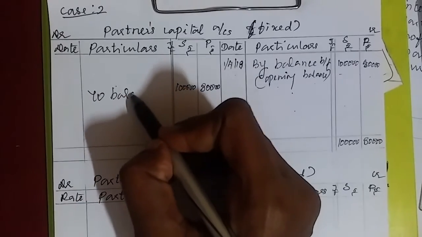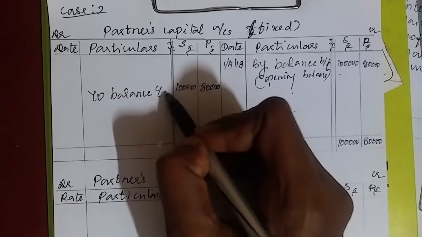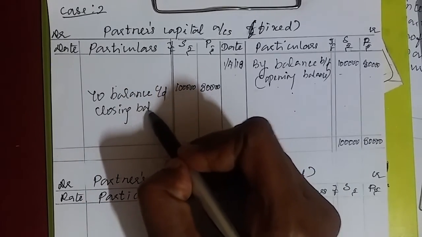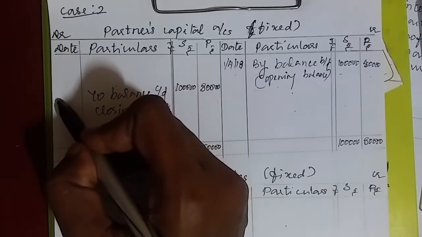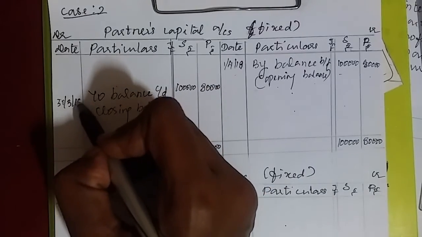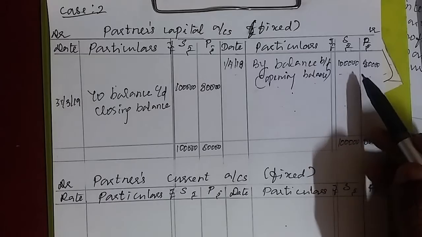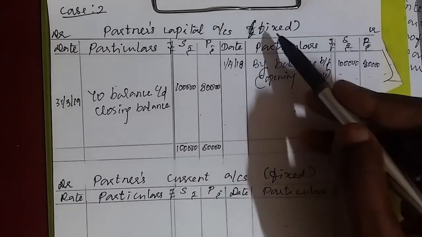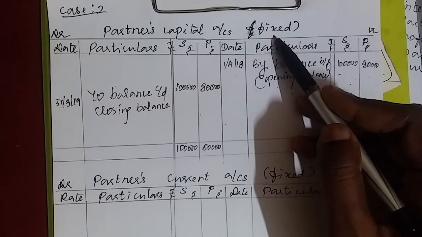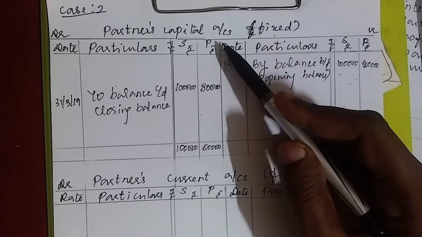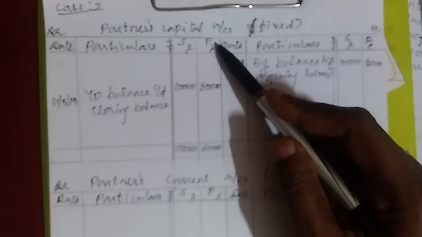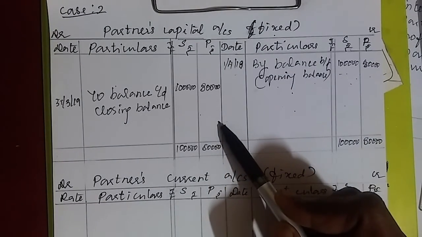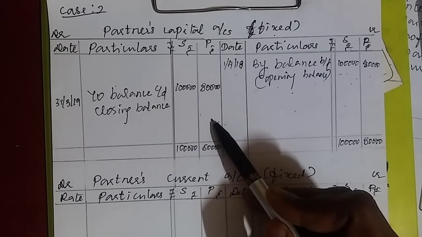To balance carry down, that is the closing balance on 31/3/2019. See here, opening balance and closing balance are both the same. That is why capital is fixed under fixed method. In partners capital account, opening and closing values are the same because capital is fixed.